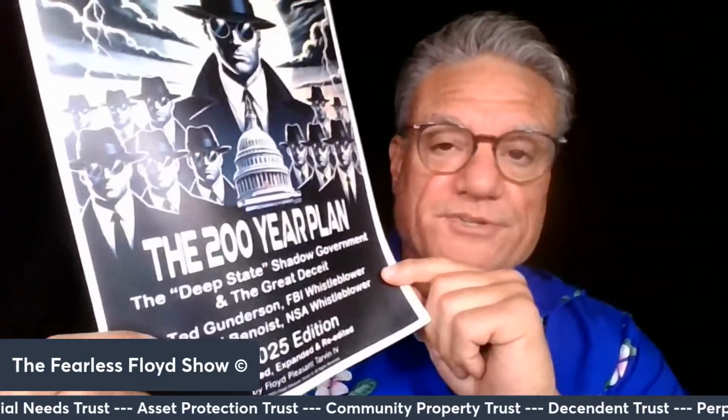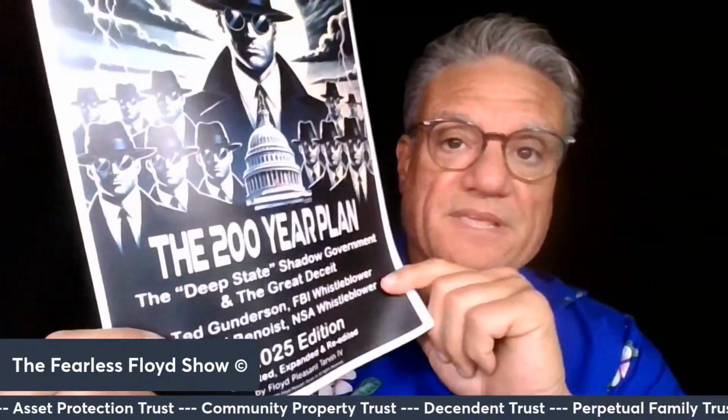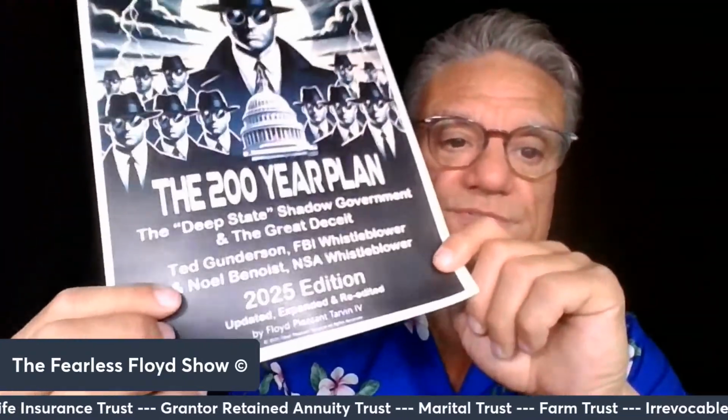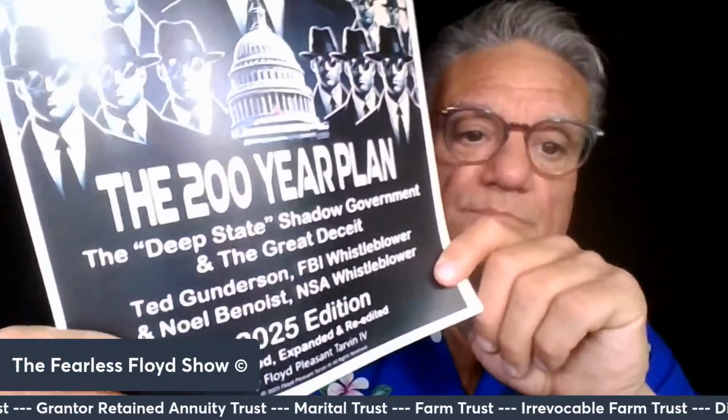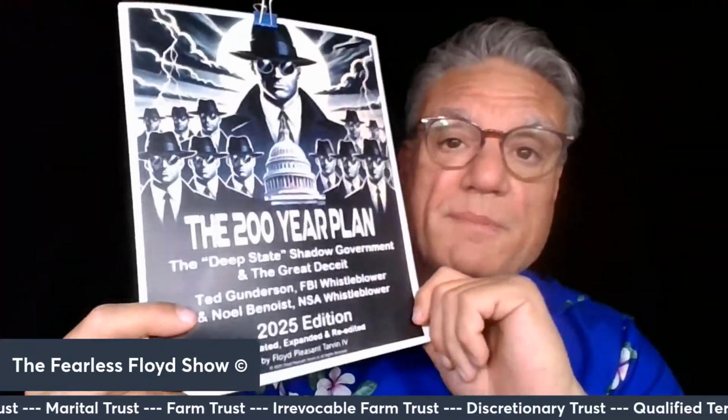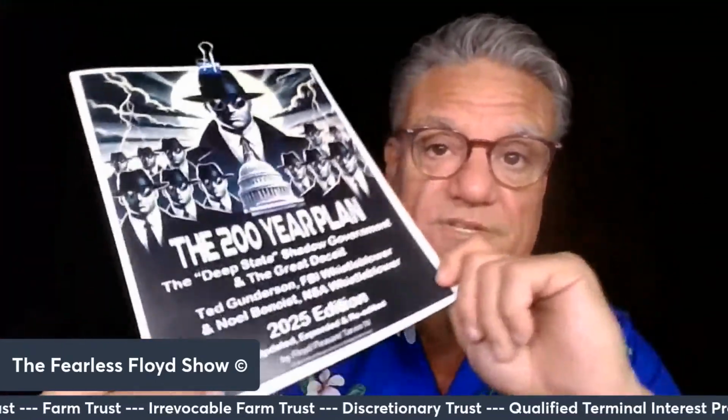During the Carter administration, he was one of the chosen few to go up for director of the FBI. He lost out to William Sessions. He was in the LA office. And then, of course, his co-author, Noel Benoist, who's a NSA whistleblower, former Man in Black, Majestic 12 security clearance.